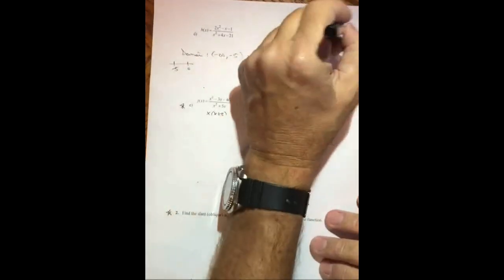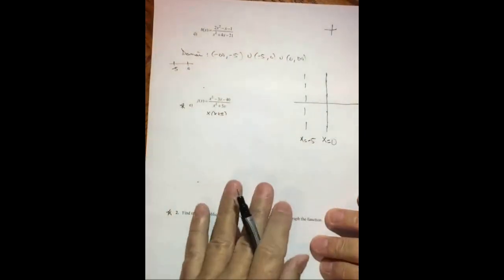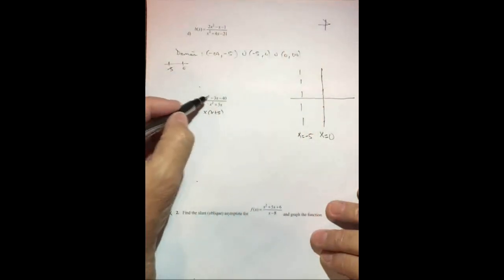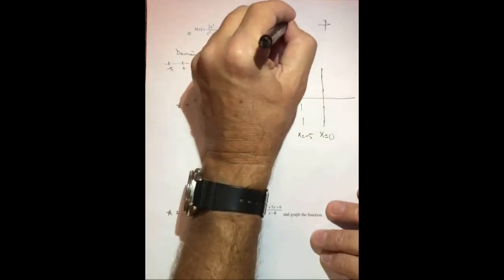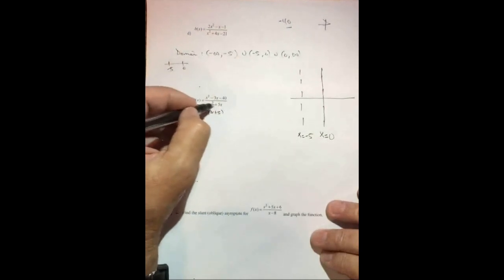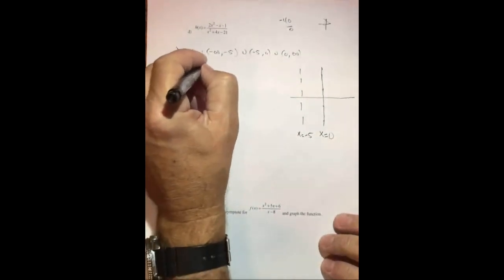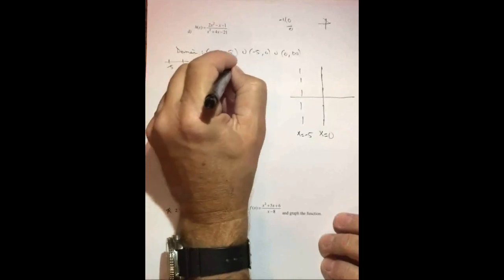Okay, now remember how we do that. For a y-intercept, x is 0. So if I plug 0 in for x, I get minus 40. And the bottom is 0. That cannot happen because I'm dividing by 0. So that means there is no y-intercept.